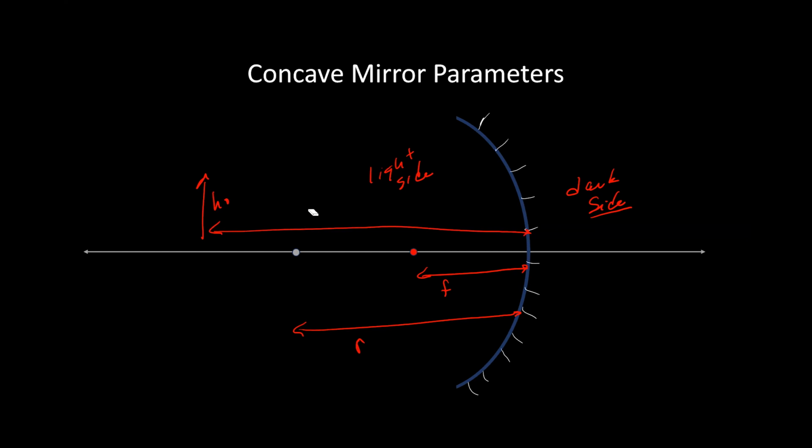This is D sub O. And if the image happens to be here, then D sub I is also positive. Again, this extends all the way here. But if the image is here, then D sub I is negative. Okay? So let's begin.